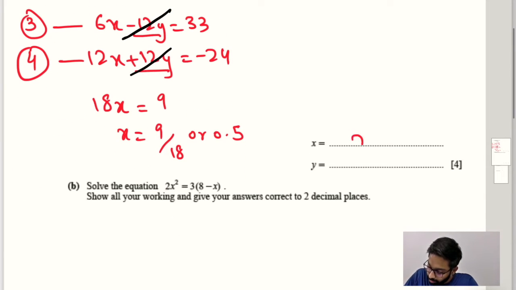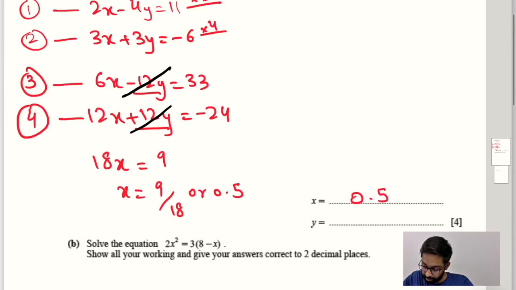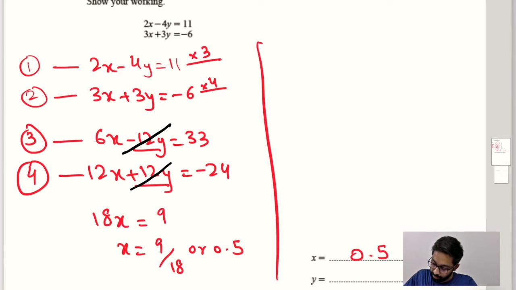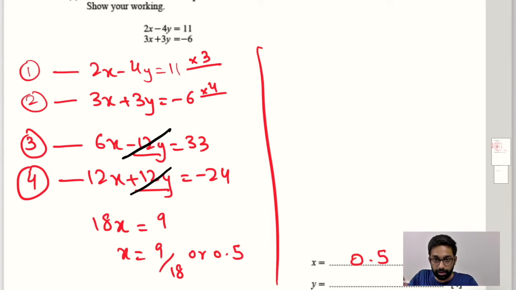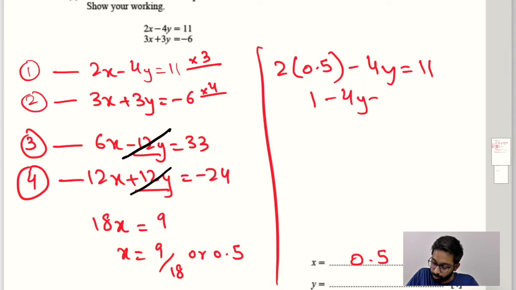So we write the value of x here and find the value of y. In order to find the value of y, you pick the value of x and plug it into one of these equations. I choose to plug it into the first equation. So instead of x, I write 2 times 0.5 minus 4y equals 11. 2 times 0.5 is 1, minus 4y equals 11.